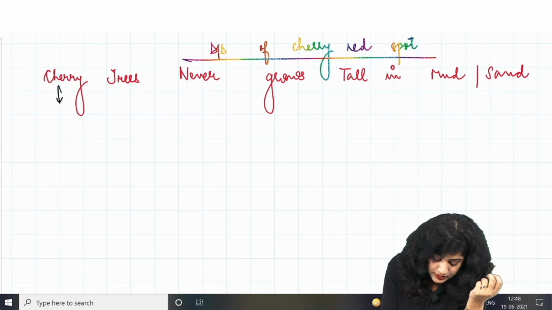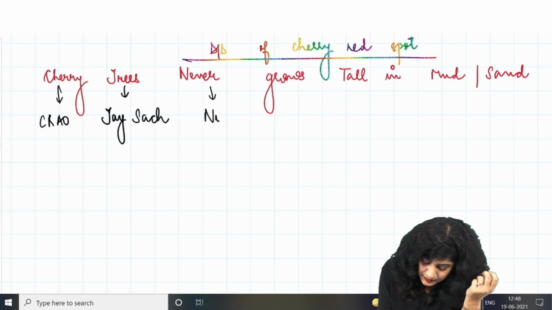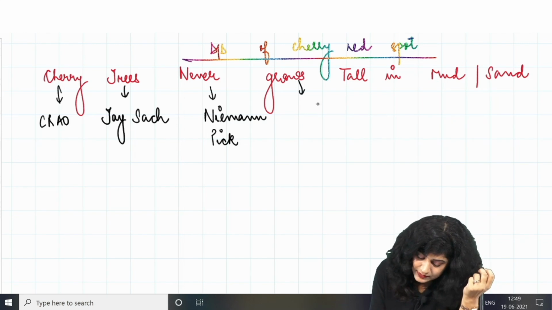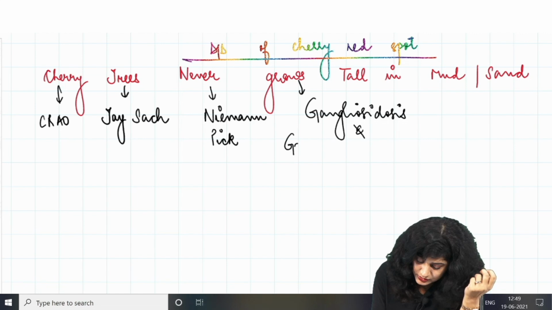We have CRAO; T for Tay-Sachs disease. Then we have Niemann-Pick disease. Then we have gangliosidosis and Gaucher's disease.